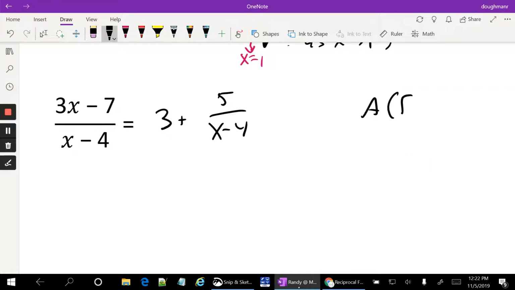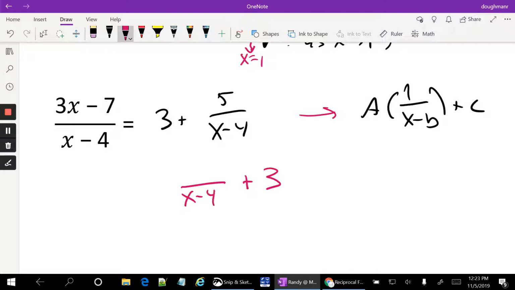Remember, I like f of x as a times 1 over x minus b plus c. I can make this look like what we dealt with. I can take that 3 and put it at the end, still a positive 3. I can add it in any order.